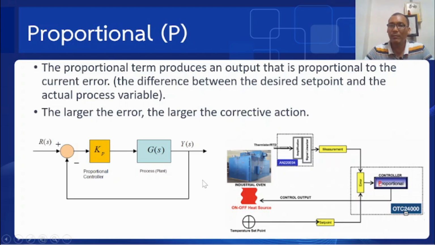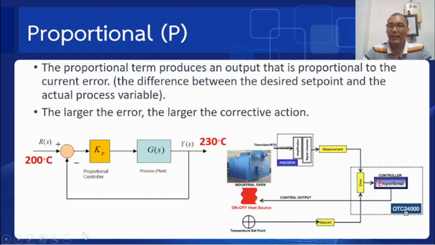Consider we have a temperature control system of an industrial oven. The desired temperature here is 200 degrees Celsius. This is the set point. But the actual temperature is currently at 230 degrees Celsius.